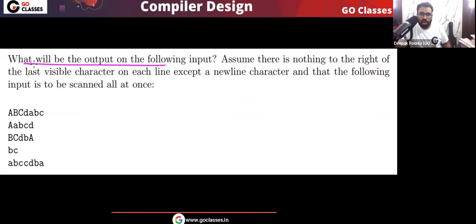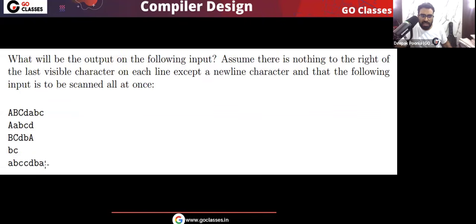Assume there is nothing to the right of the last visible character on each line except a new line character. Means the visible character that you see, to the right of it there is a new line character, because you can easily notice there is a new line here, here, here, and the question is saying each line.